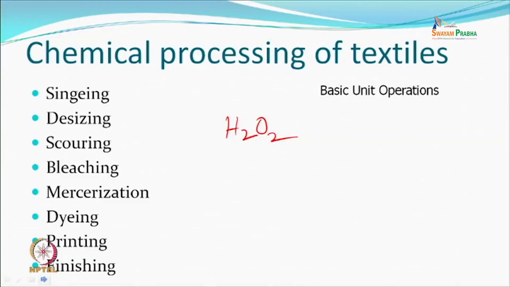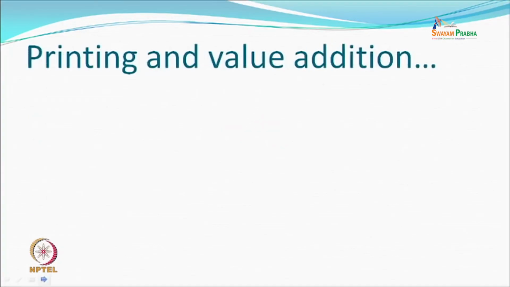And finally, finishing, which also is a general term, with different fibers having different finishes, and itself is a big area in which various types of functional properties can be imparted onto the textiles. So we are going to be concentrating on printing. At the moment we are looking at conventional printing.